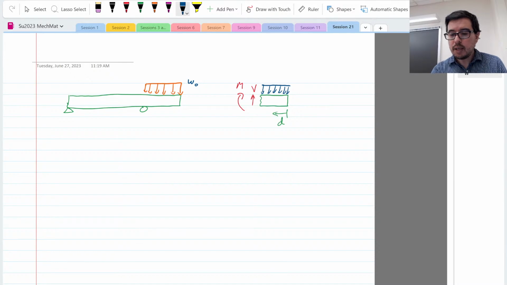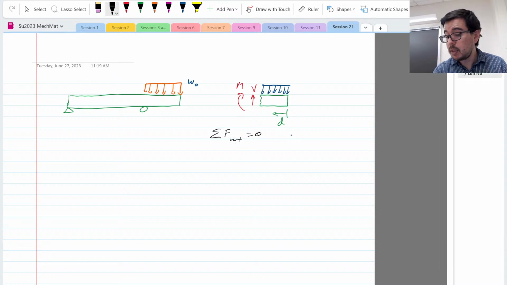Okay. So if that's the case, if I want to do equilibrium, let's use a different color, and then we'll say the vertical direction equals 0.